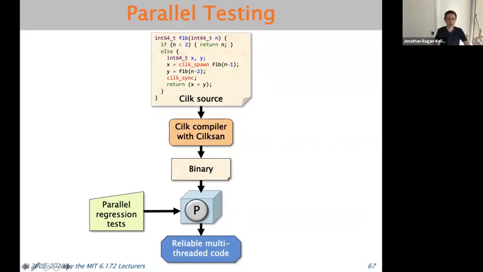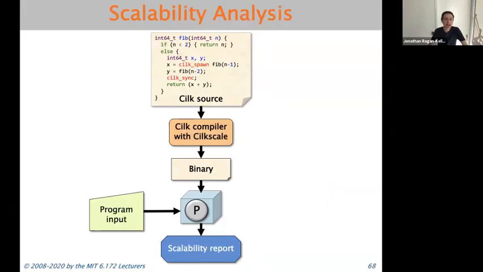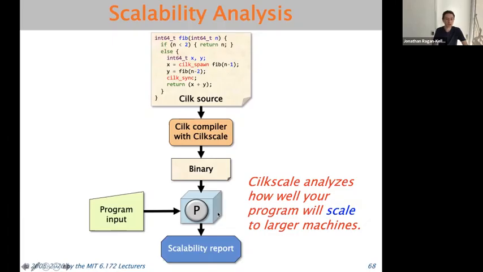The design of Silk and the Silk compiler makes it so that any potential bugs that would make your program not safe to run in parallel can be localized and identified by this tool chain, which is a million times easier than trying to debug pthreads code. And when reasoning about the parallel performance, there's another mode that compiles with some profiling information enabled and can tell us how well your program will scale onto larger machines.